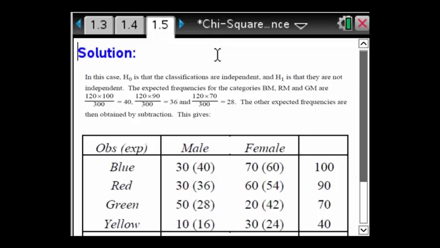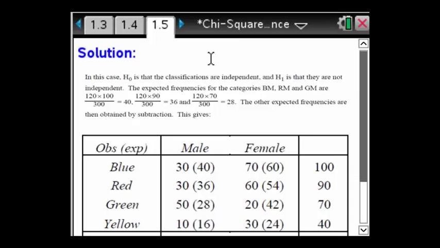And so this particular page illustrates expected frequencies, and it illustrates how 3 of them were calculated. And for exam purposes, it's important that students are able to calculate an expected frequency for 1 or 2 entries, I suppose, of such a table.